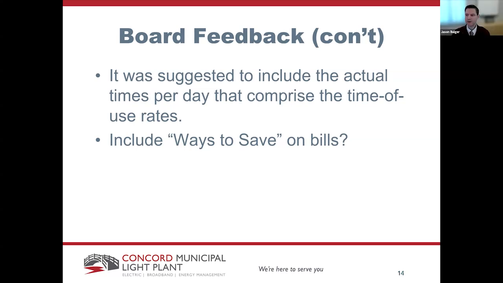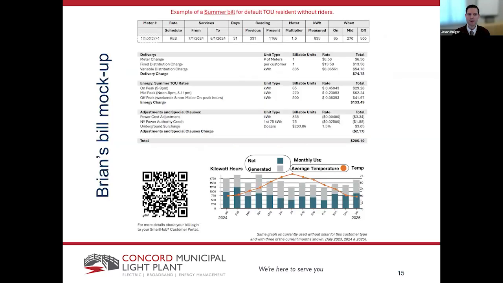Brian didn't offer as much text feedback as he did visual feedback in the mock-up bill. So I included what Brian had here to show what his bill proposal looked like. Again, we can focus on just the elements. The graph has 13 months, with the same January data from the previous year.